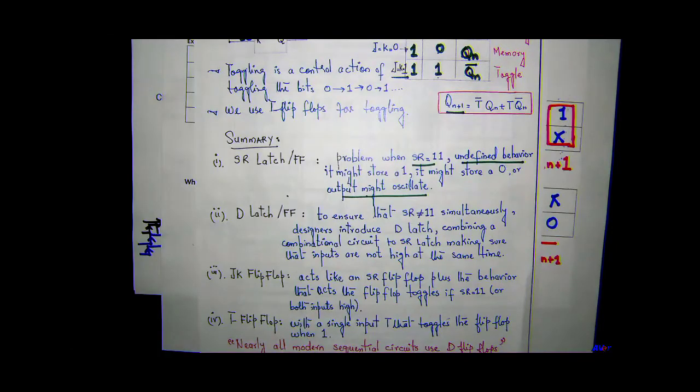Then we did the JK flip-flop, which acts like an SR flip-flop basically, plus it has the third input. The outputs are fed into the input of the NAND gates, and that acts as a flip-flop.